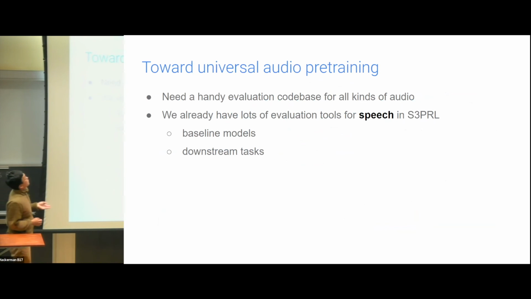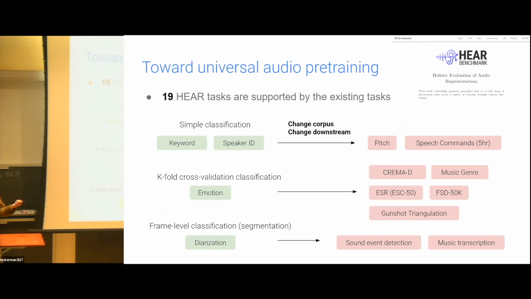So toward this kind of universal audio pre-training, we need a handy evaluation code base for all kinds of audio and waveforms, and we already have lots of evaluation tools for speech in S3PRL, including the baseline models and the downstream evaluation pipeline. So to expand to the sound domain, there are 19 tasks in the HEAR benchmark.